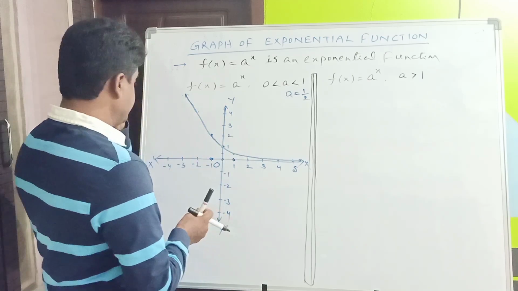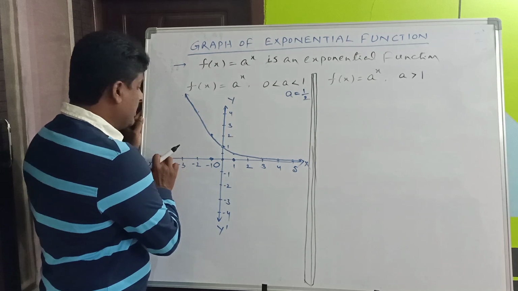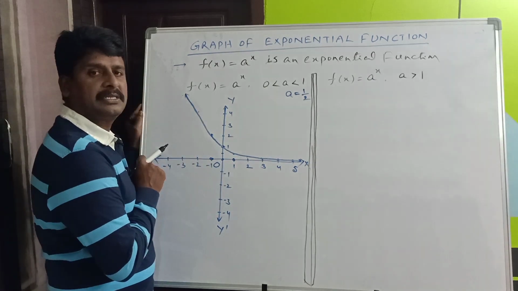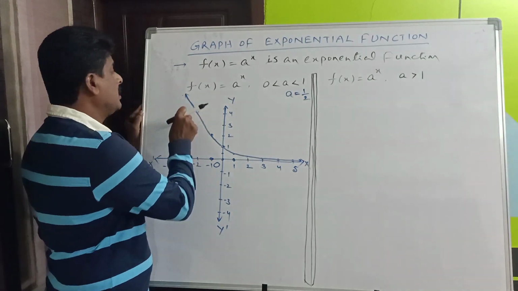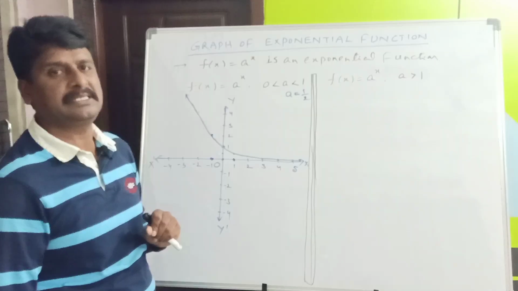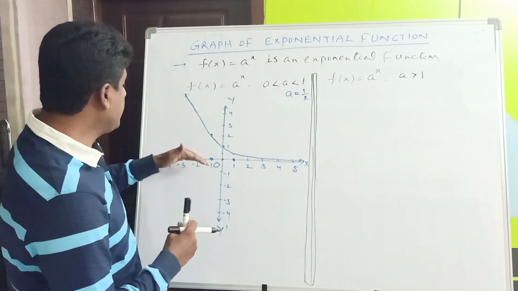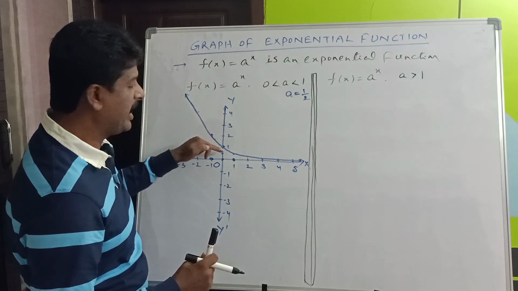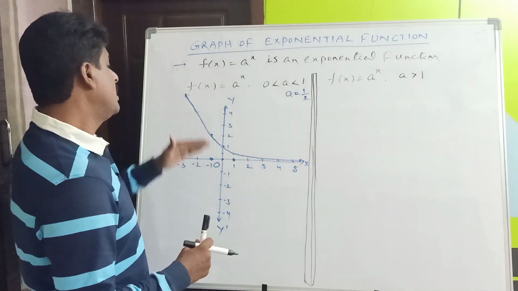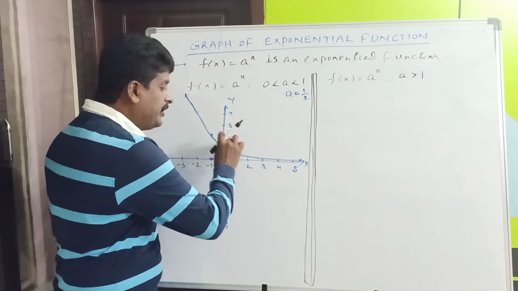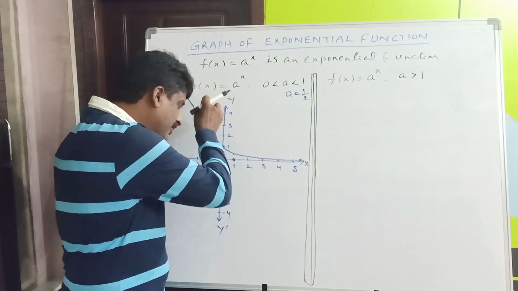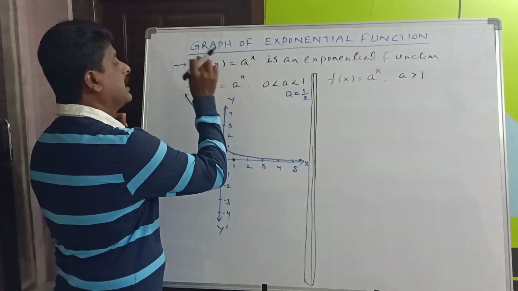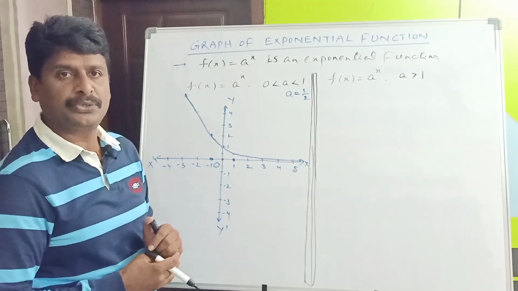Okay, and you see, on the left side of the x-axis we can see only negative real numbers. For negative real numbers also the graph is above the x-axis. Whenever the graph is above the x-axis, it is taking corresponding positive y values. Now you see, the graph never crosses the x-axis and is never below it. That's why the graph is never negative.